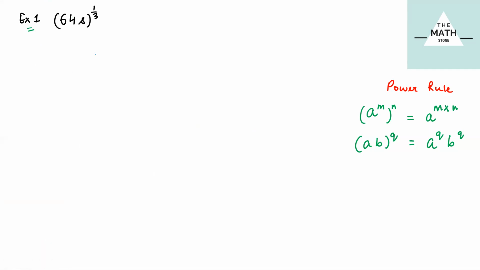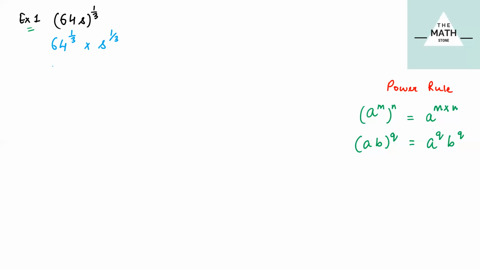So I'm going to apply the second identity, this one. So this one will become 64 raised to 1 over 3 times s raised to 1 over 3. And how will you find the 1/3 power of 64?